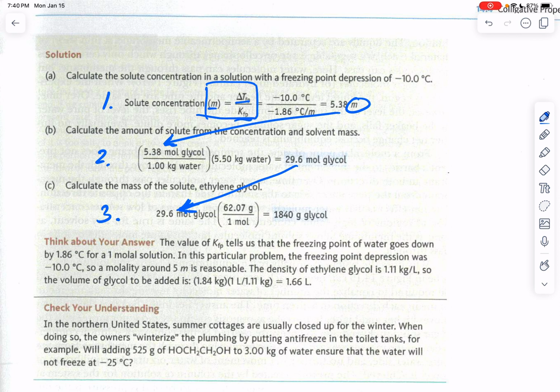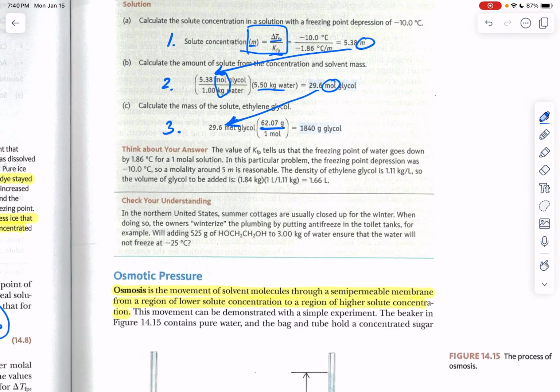Once you have the molality, the molality, of course, is defined as moles per kilogram. So when you multiply by the mass of your solvent, in this case water, you can get your moles. And then once you know your moles, you can convert your moles into grams by knowing the molar mass of ethylene glycol. 3-step problem.